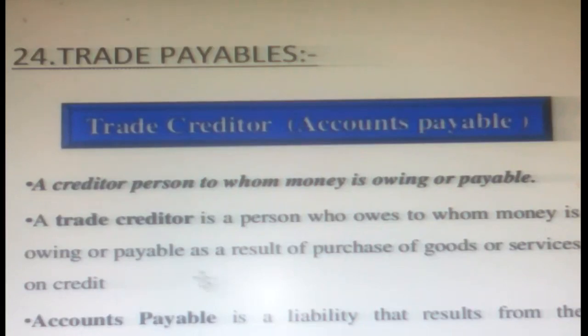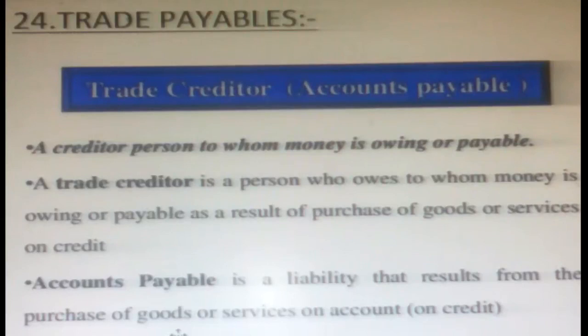Accounts payable is a liability that results from the purchase of goods or services on account. Whatever the receivable and payable, all are based upon credit transactions, which we already discussed in business transactions.